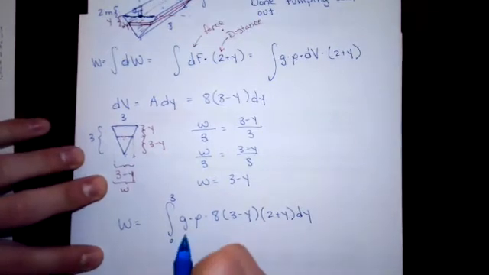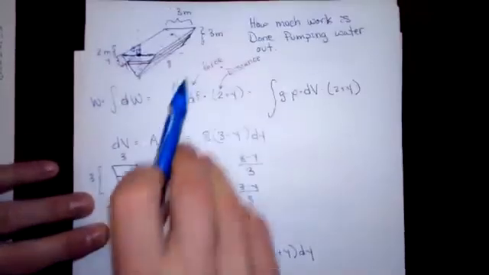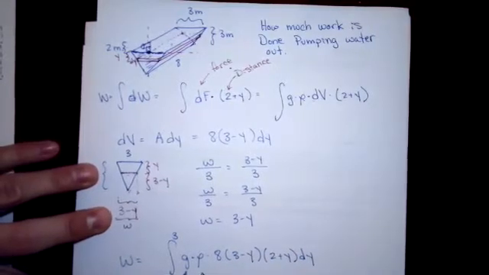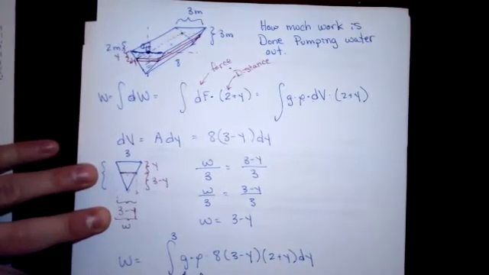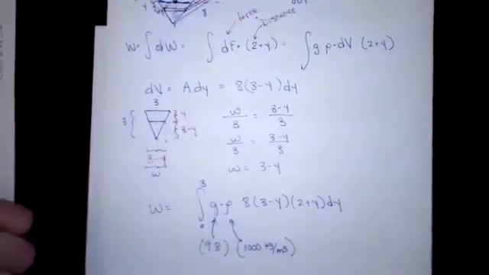And again, if you want, you can fill in these constants. Gravity was 9.8. We are using meters, so the density was 1,000 kilograms per cubic meter. Density is another one of those things that if you want to leave that just as rho, since it's a constant, not a big deal for me.